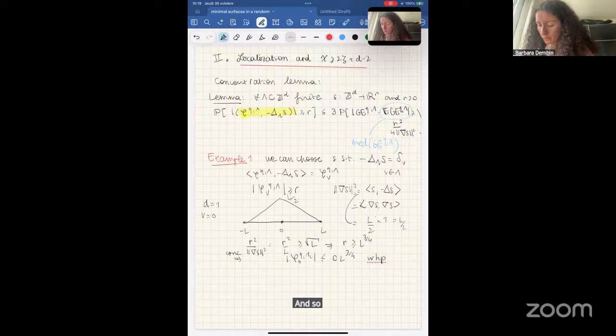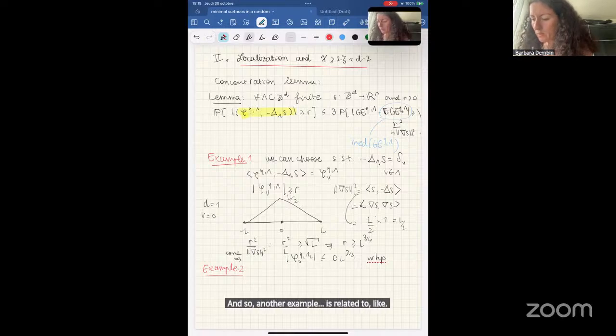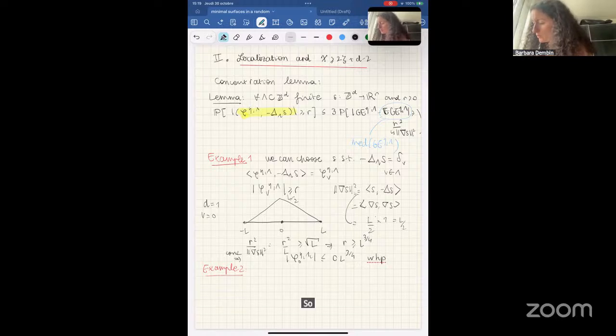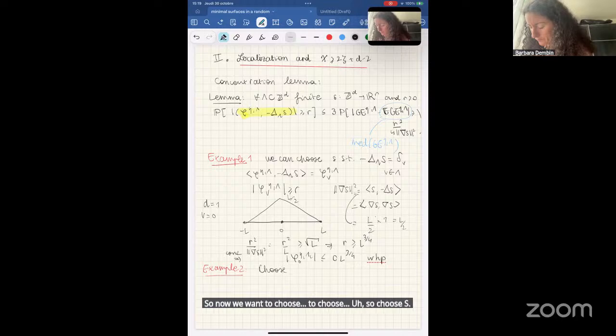And so another example is related to the scaling relation. So now we want to choose S such that this time we want to see the average.